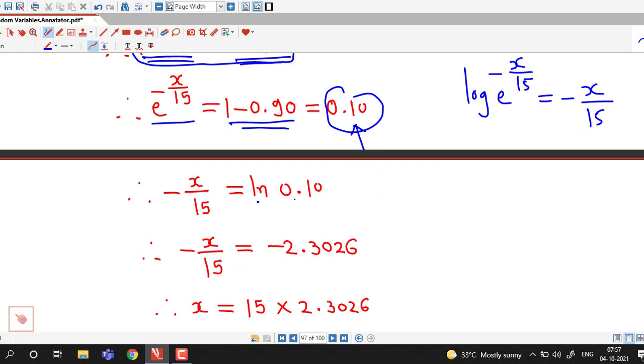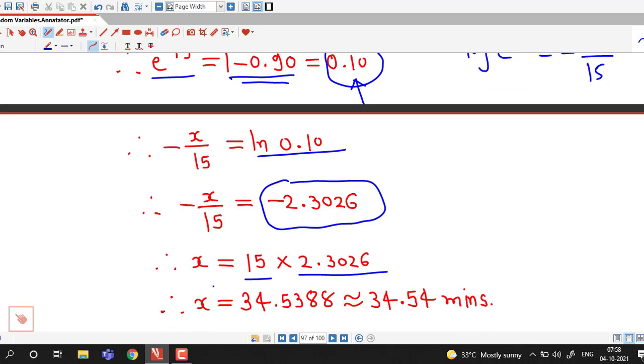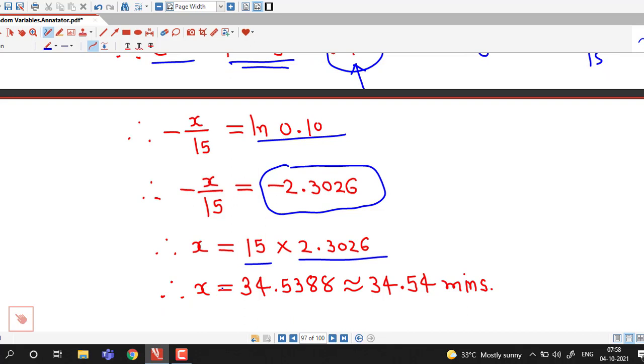Using a scientific calculator I obtain the value for the logarithm of 0.10. Here we have minus x by 15, and here also we have a negative sign, so the negative signs cancel out. So x will be equal to 15 into 2.3026, and finally we obtain x equal to 34.5388 minutes.